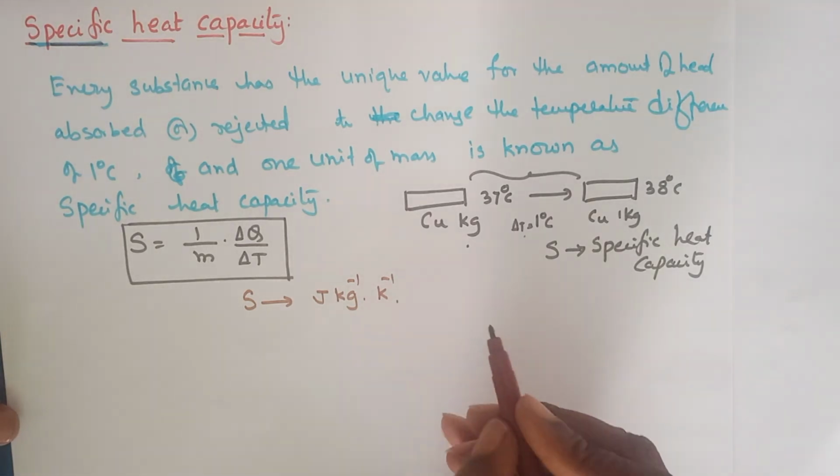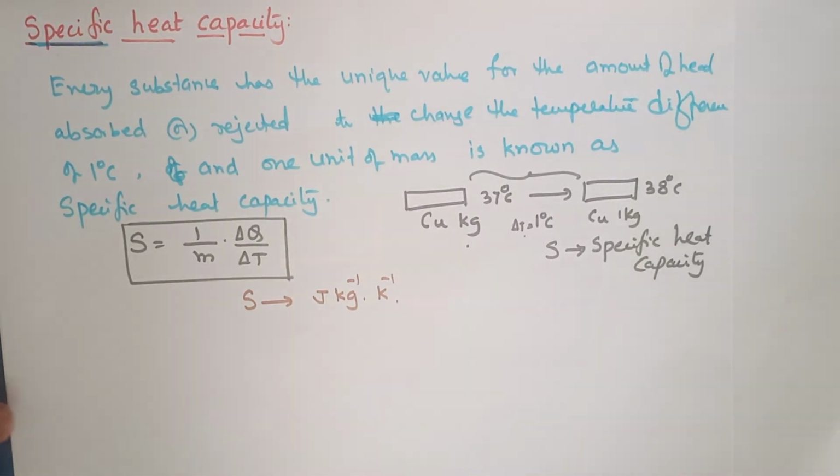Generally for water it is 4186 or 4200 joules per kg per Kelvin.